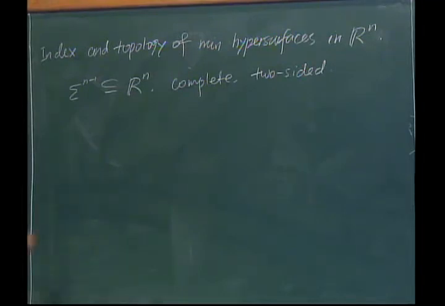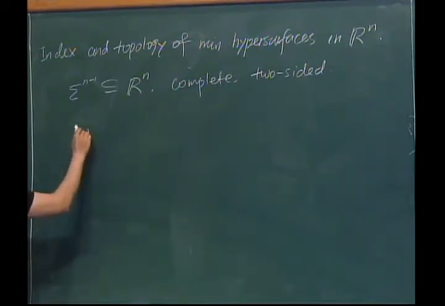So before I go into any detail, let's first fix some definitions. Minimal surfaces are the critical points of the area functional, and we can talk about the second variation.